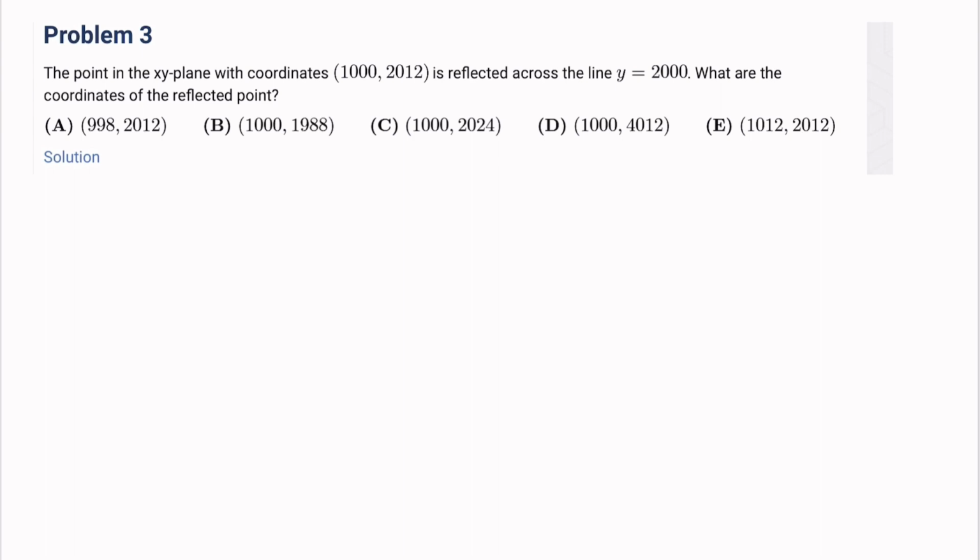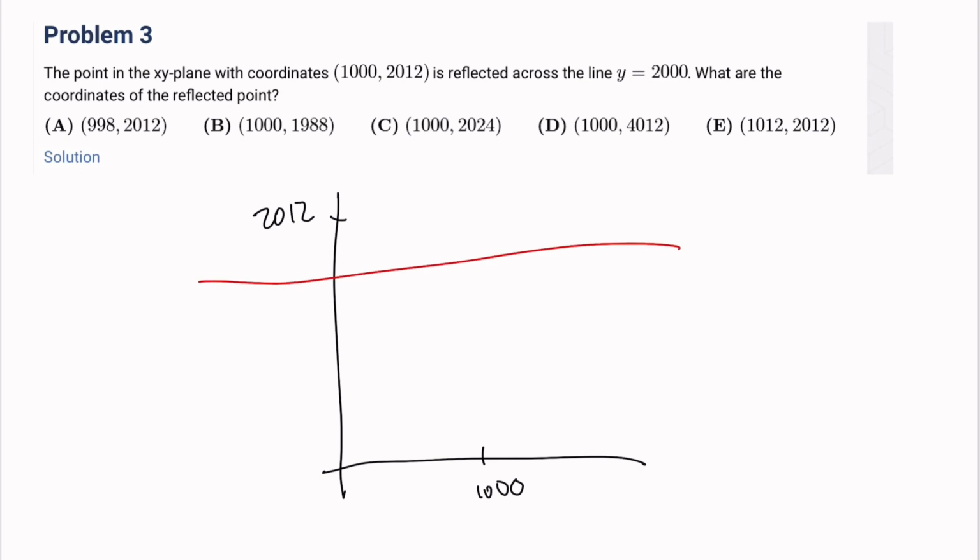Number 3, the point in the xy plane with coordinates 1000, 2012 is reflected across the line y equals 2000. What are the coordinates of the reflected point? So we have the xy plane, and let's just say this is 1000 and this is 2012, right? And so let's try to draw a line y equals 2000 over here.